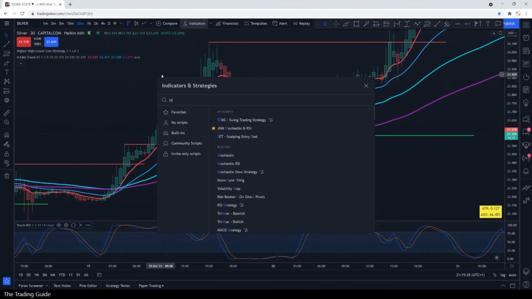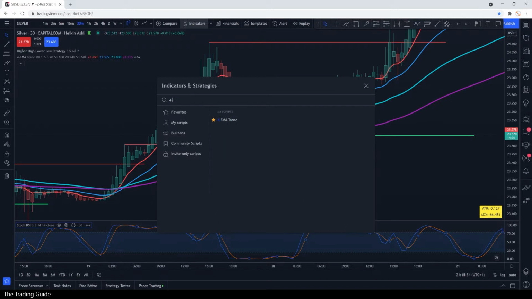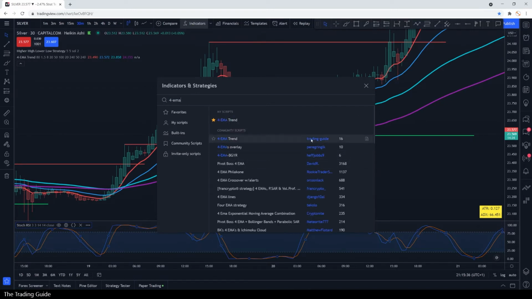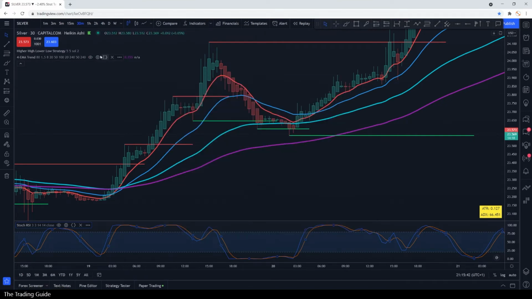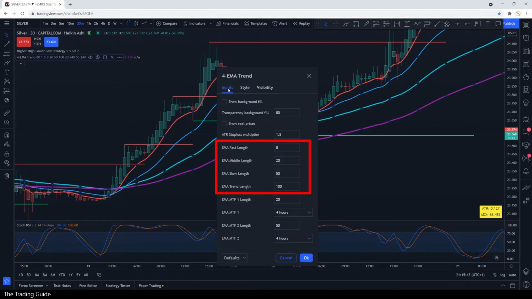The Stochastics RSI you can find here, and I use the default settings. And you can type 4 EMA to find my 4 EMA trend indicator. And you see here in the inputs I use the 8, the 20, the 50 and the 100 EMAs.